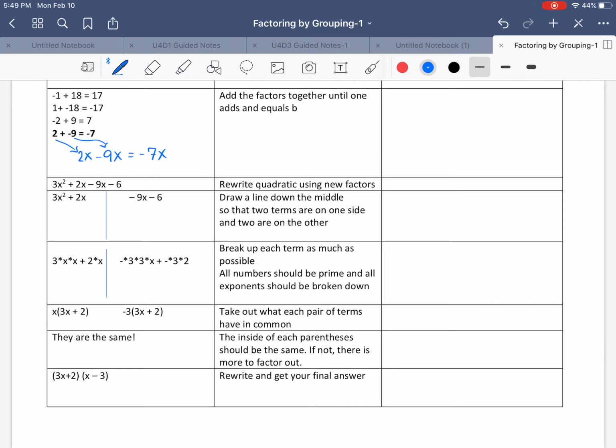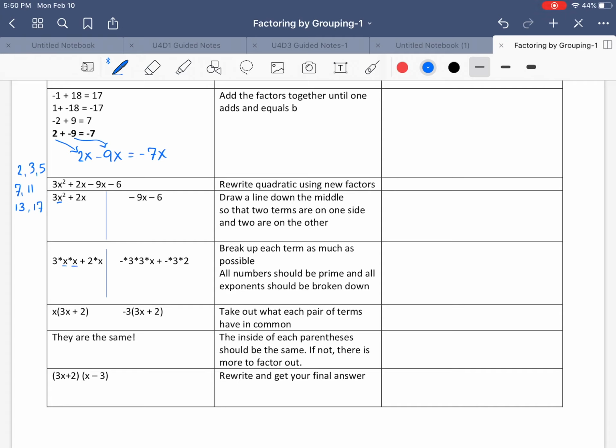So if we look at 3 and x squared, we know that 3 is a prime number, and as a little hint, I'm just going to write down some of the common prime numbers on the left-hand side: 2, 3, 5, 7, 11, 13, 17 are probably the prime numbers you're going to run into most often. So you're going to stop when you get to one of those numbers. Here we see that 3 is a prime number, so we cannot break it down any further. But x squared breaks down into x times x.